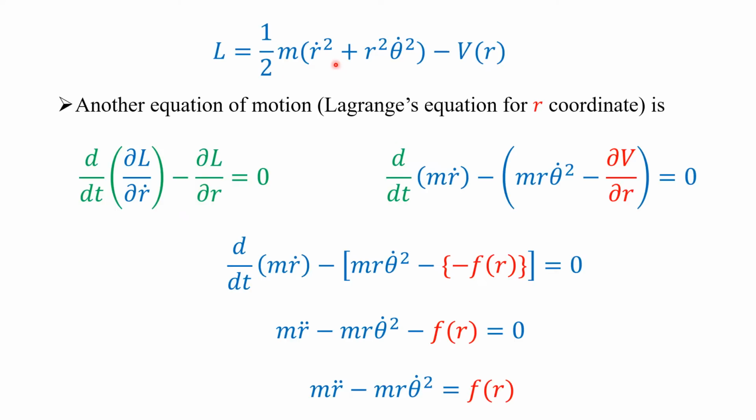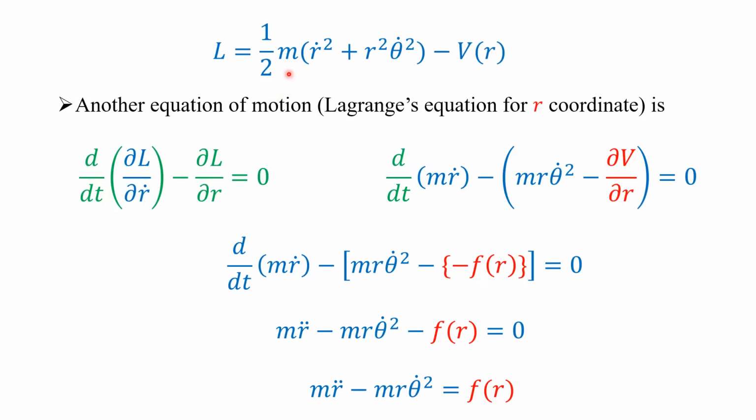That is the first term, half m r dot squared. If you differentiate r dot squared, you will get 2r dot, so the 2 will get cancelled. This will become m r dot. Then the next term, minus delta L over delta r. Here two terms contain r, the second one, half m r squared theta dot squared, and minus V of r.